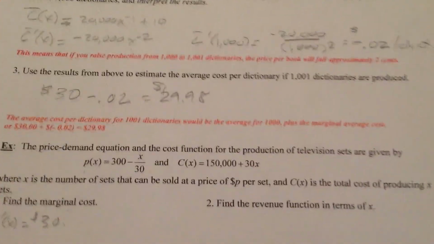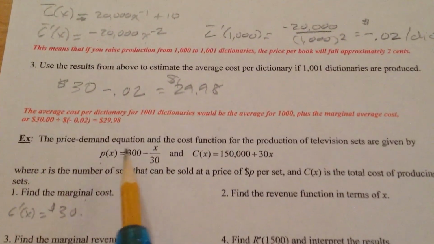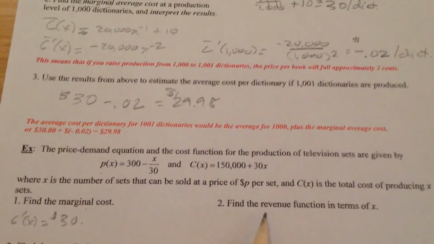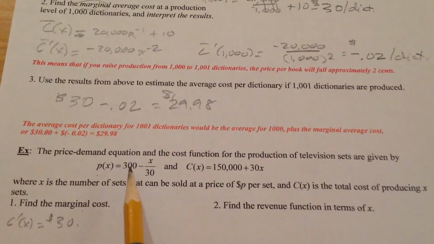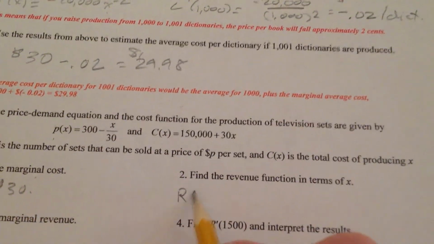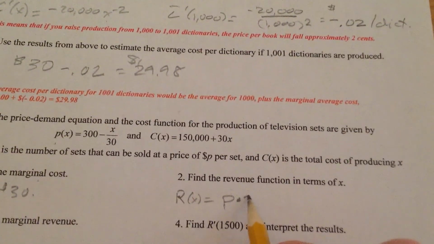Now to find the revenue function in terms of x. If p is the price I can charge for each of my television sets, the revenue would be how much I can charge times however many of them I sell. So your revenue function is that price function times x.